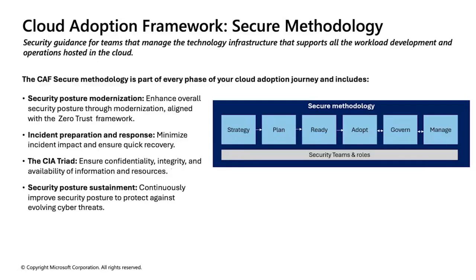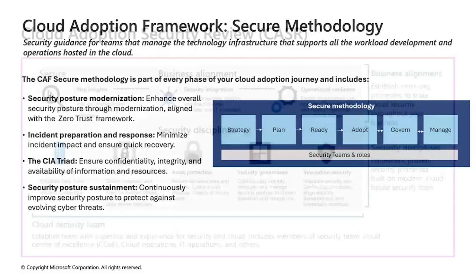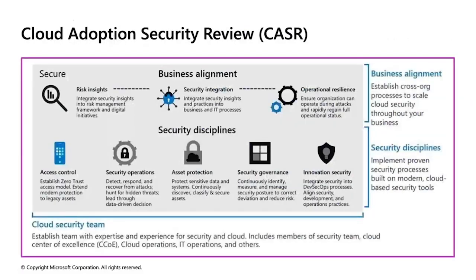Now in this, we have something else, that is Cloud Adoption Security Review, CASR. What is CASR? Let's understand. When you go for deploying a cloud environment, we plan for it, like we start using Azure Landing Zone.